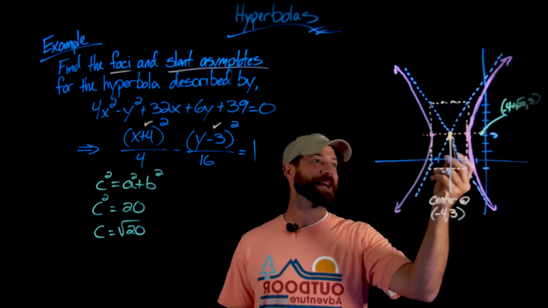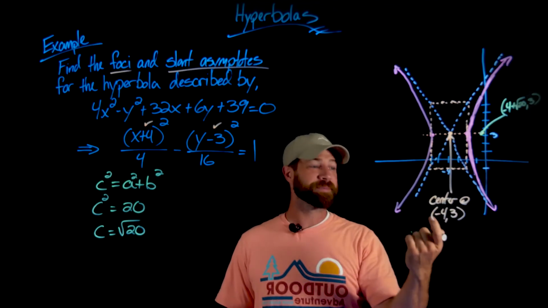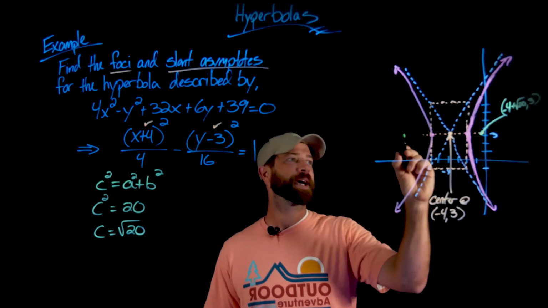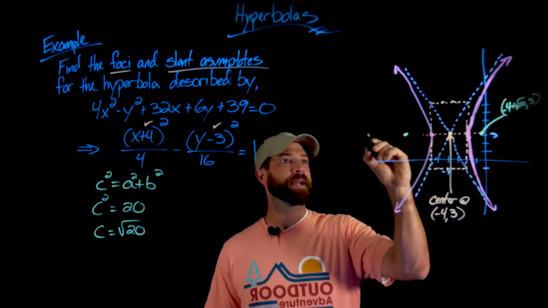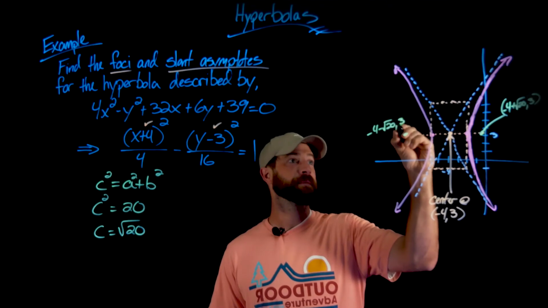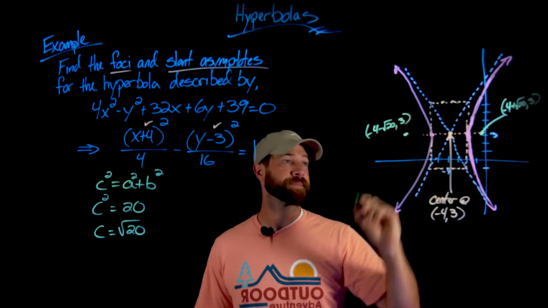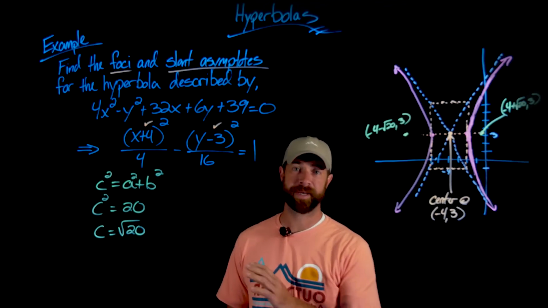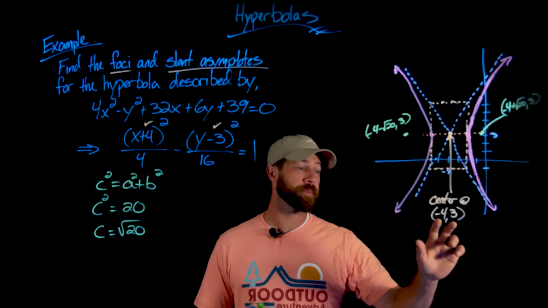And then on this side, I'm gonna move c units this way, which means I'm gonna take my x value and subtract the square root of 20, so my other focus is somewhere out here, and it's -4 minus the square root of 20, comma 3. And again, all the information I needed was, one, my center.